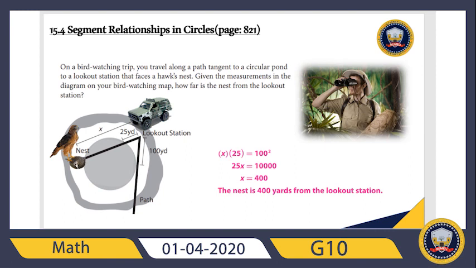So it will be x times 25 equals the tangent segment squared, which is 100 squared. Now 25x equals 10,000. Divide both sides by 25 and your x is 400. So the nest of the hawk is 400 yards away from you where you are standing here.